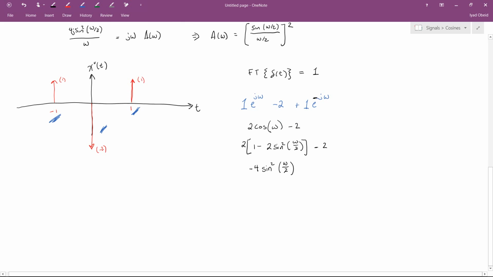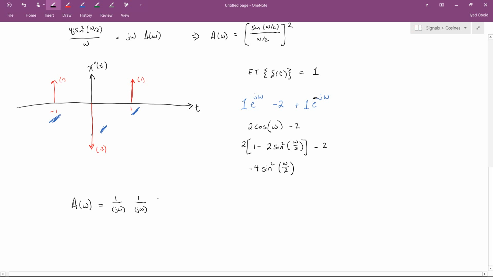So if I divide it by j omega once, I'll get the Fourier transform of the first derivative. And if I divide it by j omega twice, I'll get the Fourier transform of the original signal. So let's try that. So A of omega is going to be calculated. I'm going to divide once by j omega to undo the first derivative, and again by j omega to undo the second derivative.